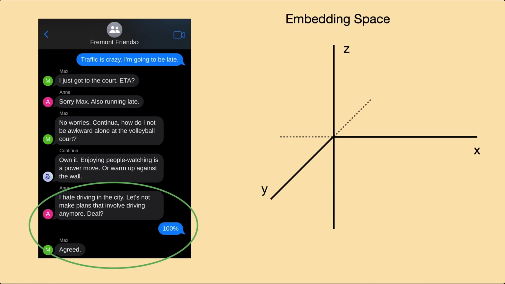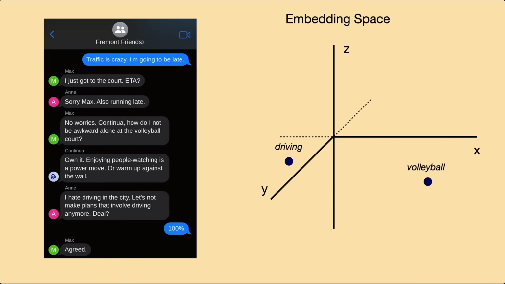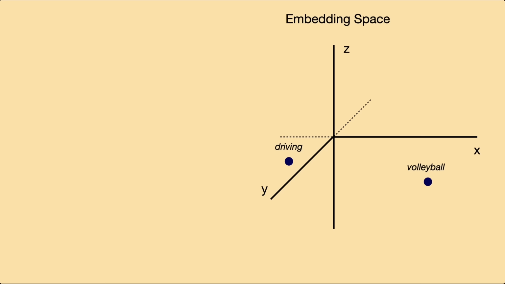It tells Continua that it should really focus on local recommendations, and I would argue that it should be retrieved anytime Continua is providing suggestions for places to go. Great. So let's go ahead and embed this conversation in our embedding space. Because there's two separate semantic concepts being discussed in this conversation, let's say that it generates two embeddings, one that for the sake of visualization we'll label driving and the other as volleyball.